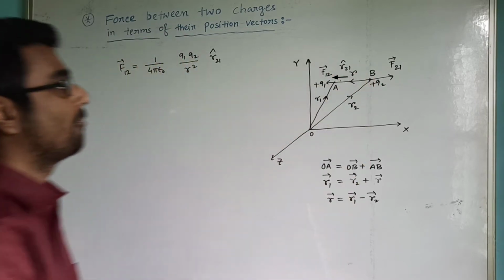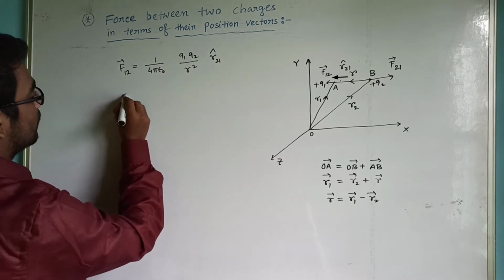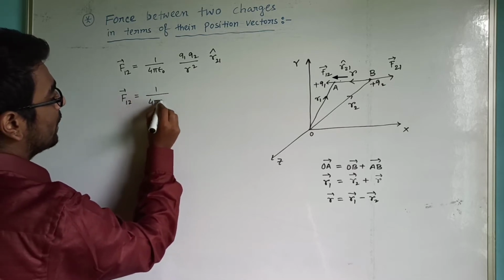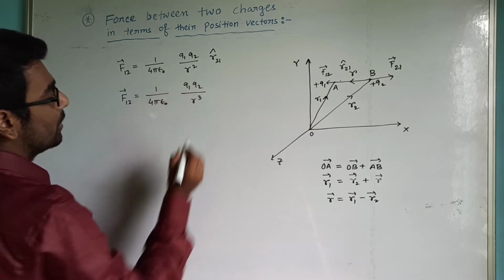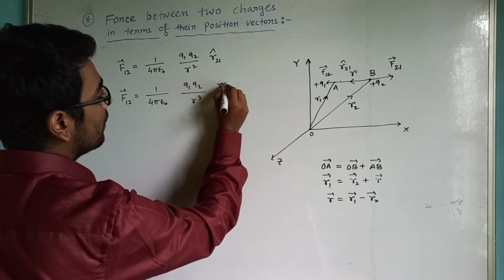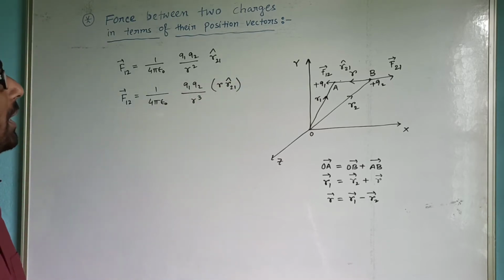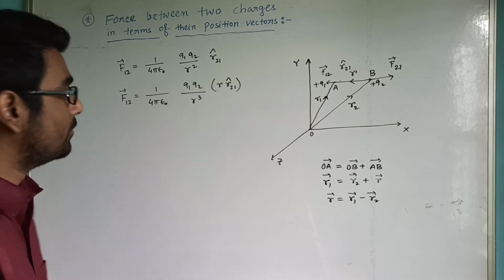Now we can write this equation as 1 by 4 pi epsilon naught, Q1 Q2 by R cube, into R vector, multiplying both denominator as well as numerator by R.